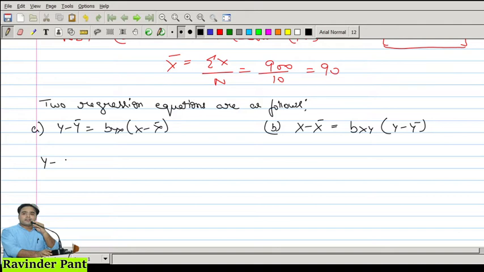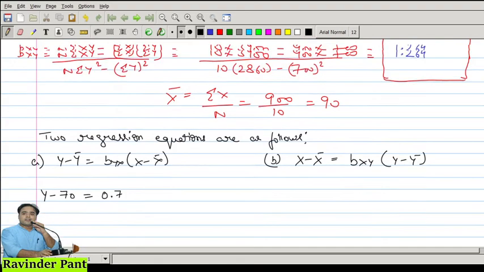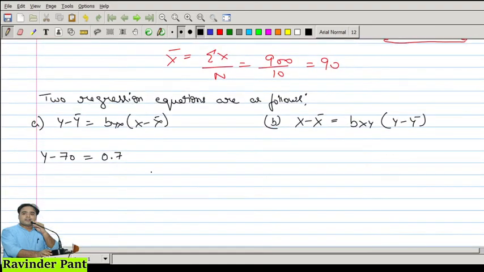Y minus the value of y bar is 70 and byx is 0.791 multiplied by x minus x bar is 90.